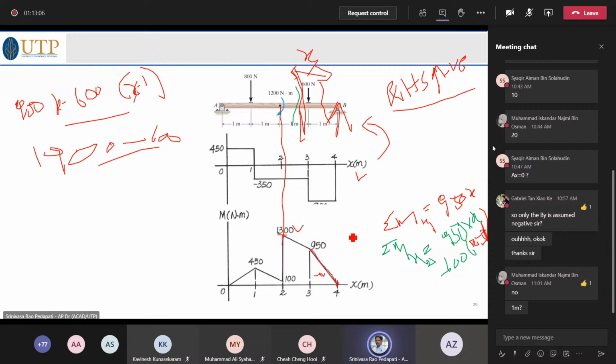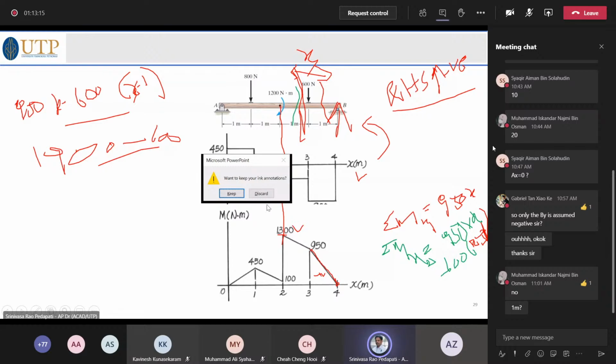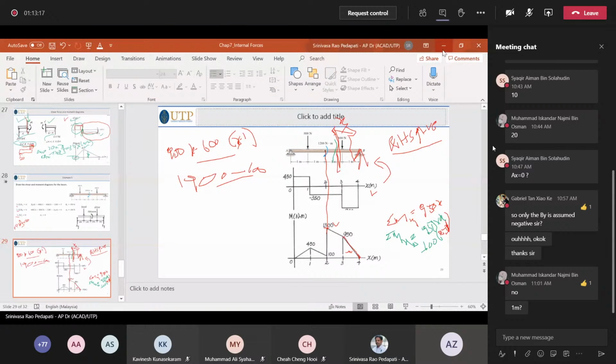So is it clear? Why 1300 here? Is it clear?